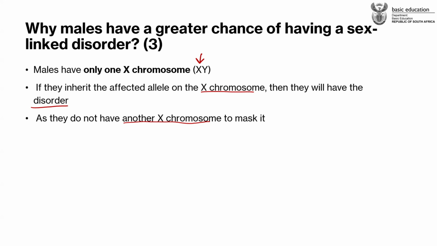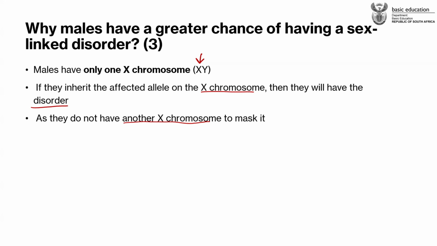There are other mechanisms that you are going to learn as you go. We have X-linked conditions, which are the sex-linked conditions. The ones that sit on the X chromosomes are the ones that we are doing. But there are other ones: we've got autosomal conditions.